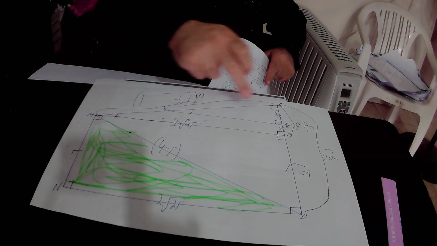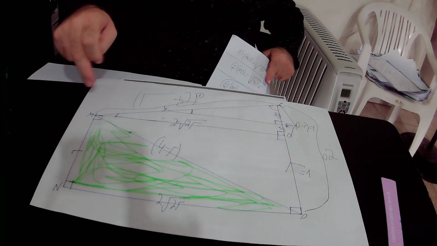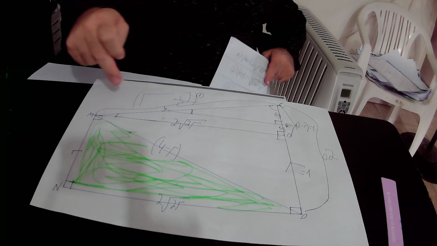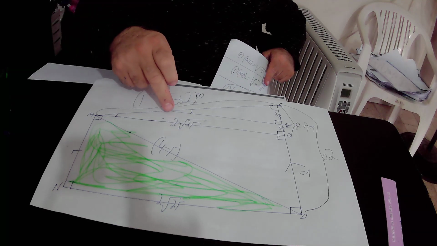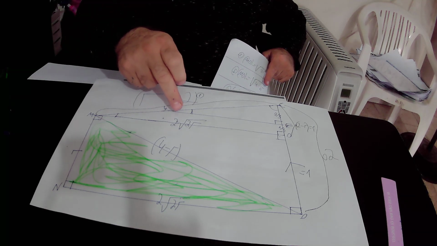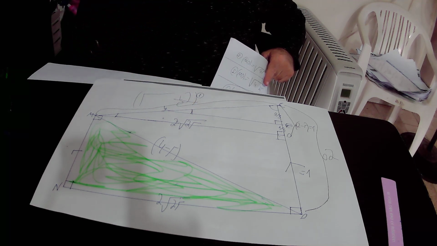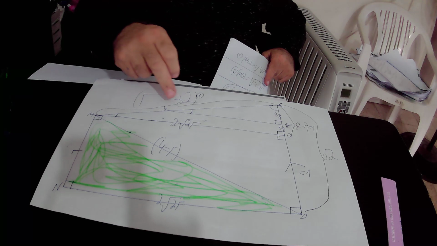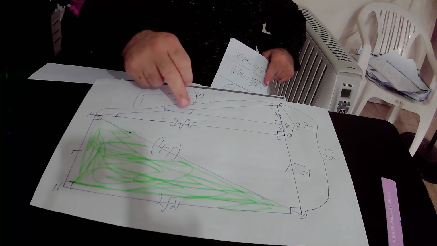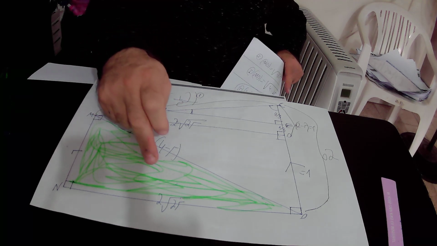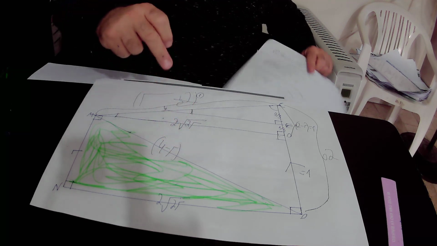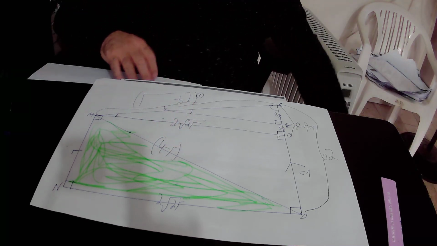So MD equals NO, and MD equals 2 times square root of 2R. So if MD equals NO and MD equals 2 times square root of 2R, then ND will also be equal to 2 times square root of 2R.